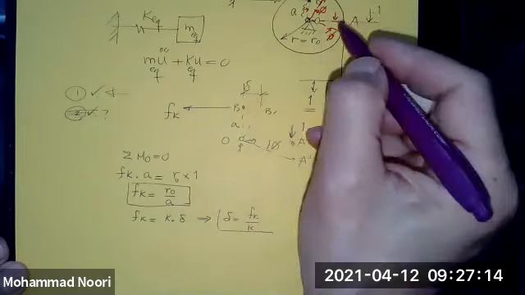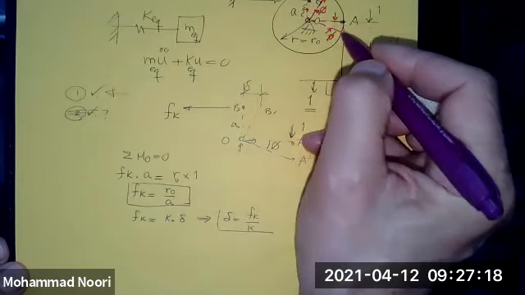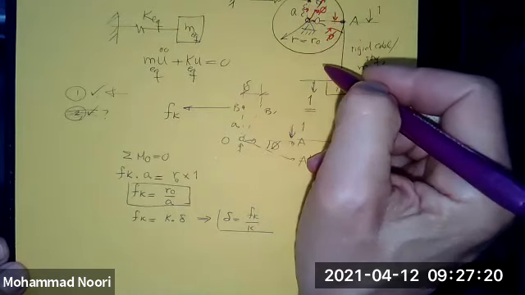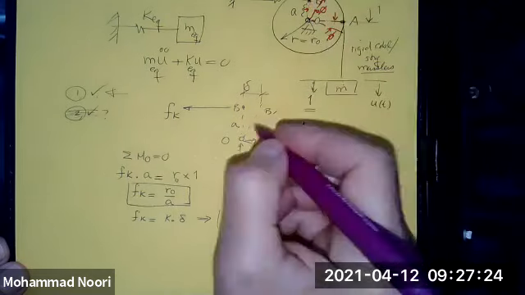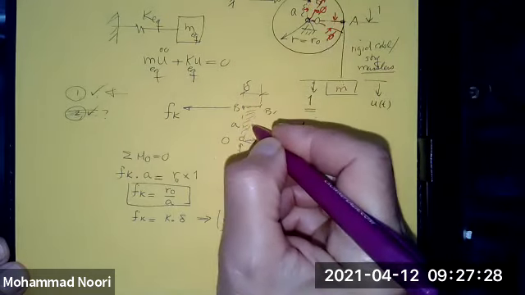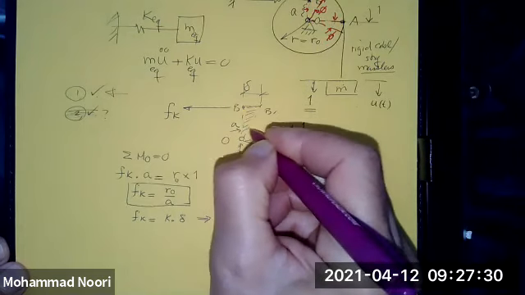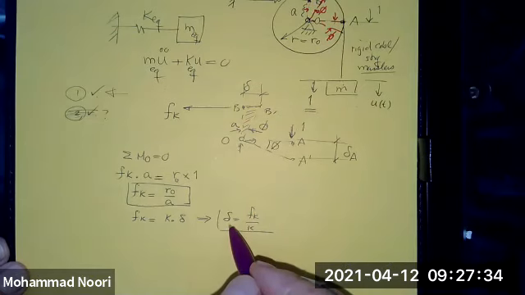But wait a minute. This is the angular rotation of any point on this disk. You see that from this triangle. If this is phi, I can relate phi to this delta.